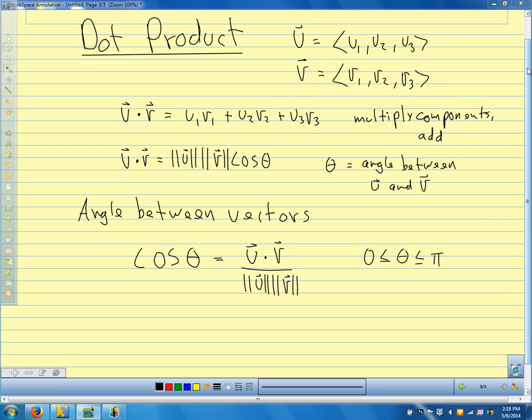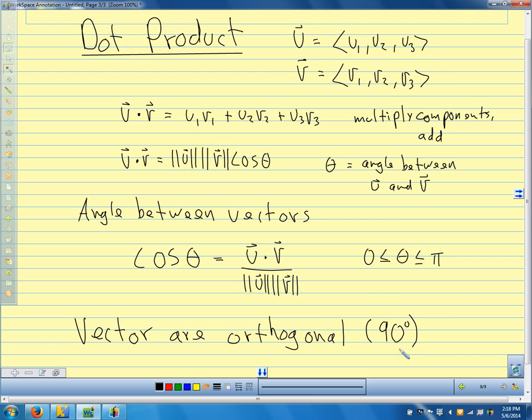We also use the dot product to tell if vectors are orthogonal. Do you remember what orthogonal means? Perpendicular, 90-degree angle between them. So we use the word orthogonal to mean there's a 90-degree angle between the vectors.